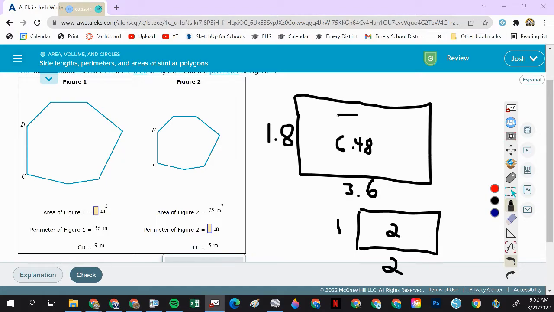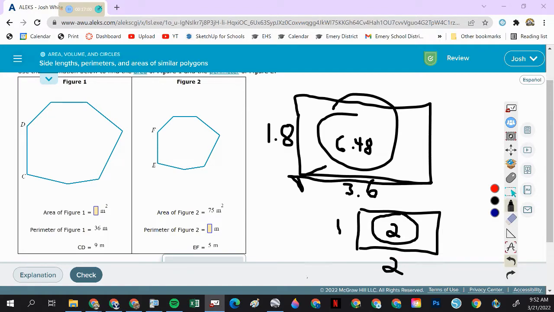Is 6.48 1.8 times bigger than 2? No, it's not. Why not? And the answer is you have 1.8 in this direction and you have 1.8 in this direction.